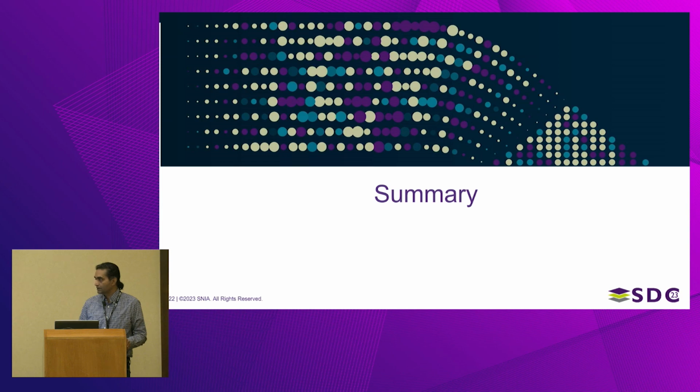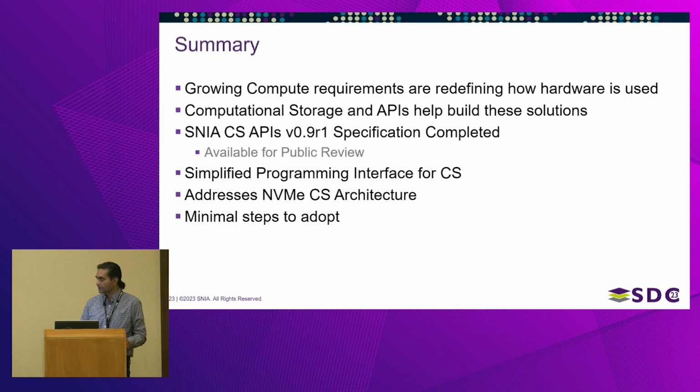With that, I'd like to conclude that, the way compute is growing, there is a new definition of how hardware is used today, because your central CPU is not capable enough to handle all that workload. To that end, there is new hardware and new ways being defined on how you can get to your data and run compute on your data.